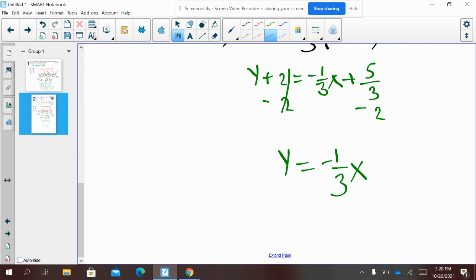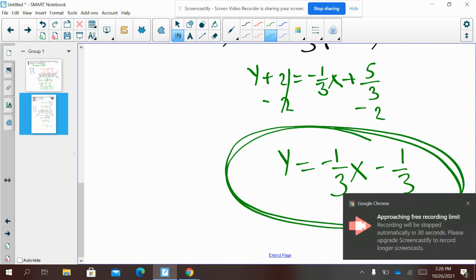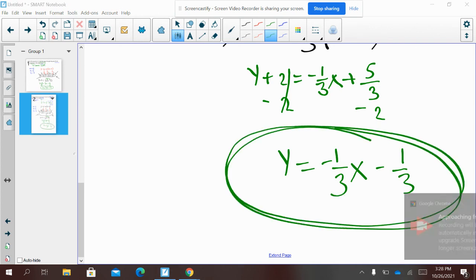I hit enter. I get a negative 0.3 repeating. I can hit the math button, enter, enter, and I get a negative 1/3. So minus 1/3. This is my equation in slope-intercept form. My slope is negative 1/3, and actually my y-intercept is also negative 1/3.